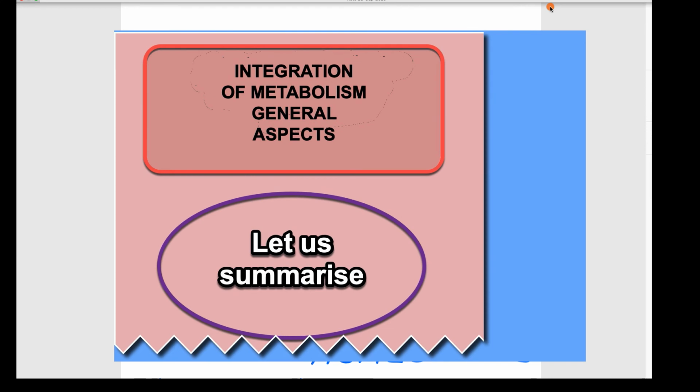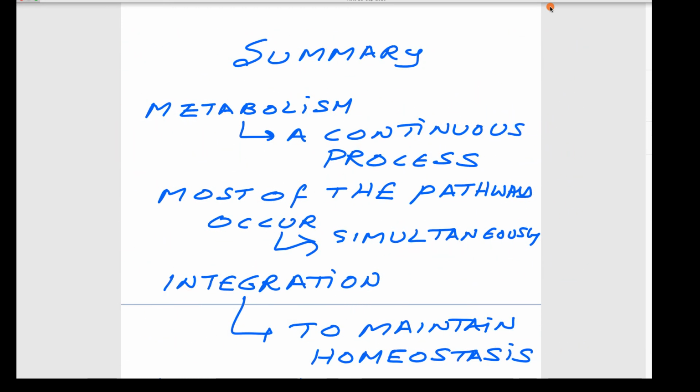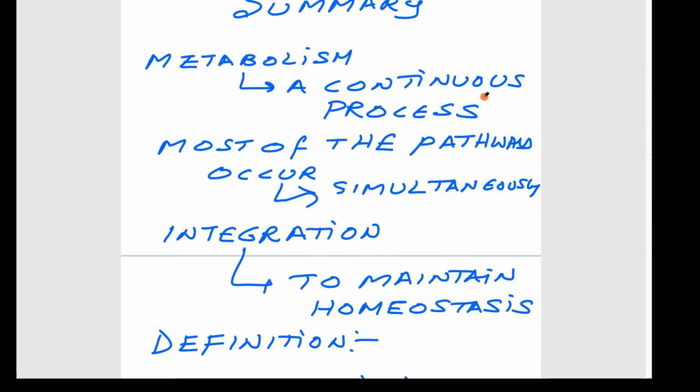Now I will summarize whatever we have studied in this session. We set 3 objectives while discussing the general aspects: definition, types and ways of integration of metabolism, and significance. While studying metabolism, we study it separately for convenience, but in the cell it is not like that. Most metabolic pathways take place simultaneously, as metabolism is a continuous process.